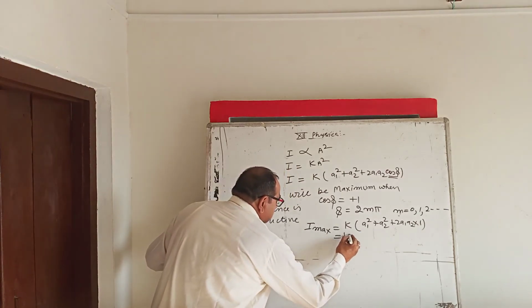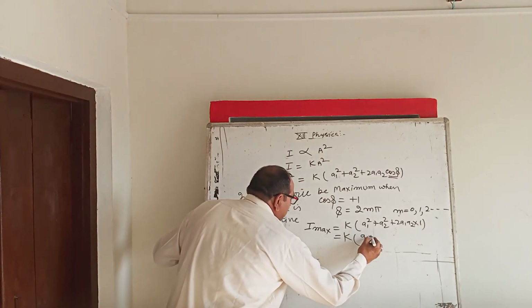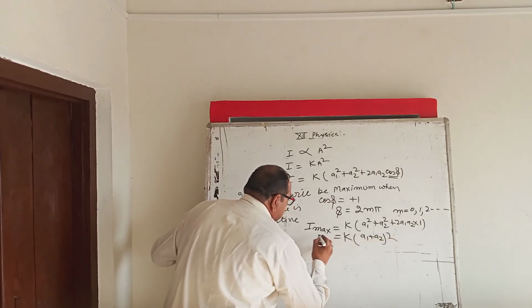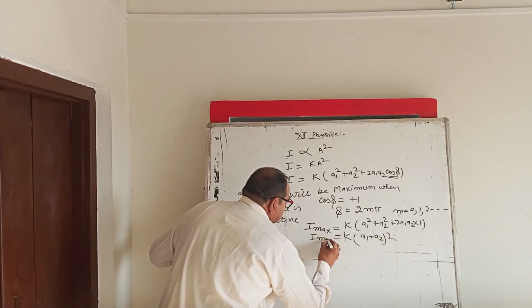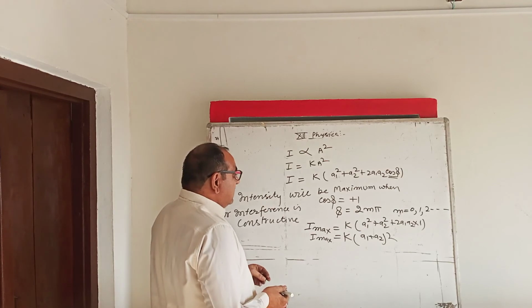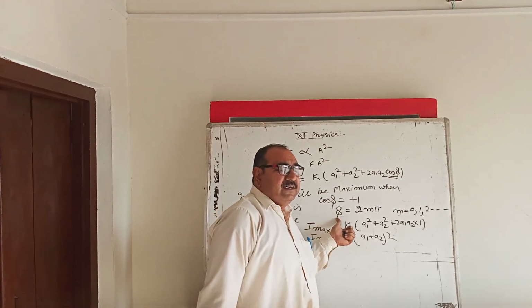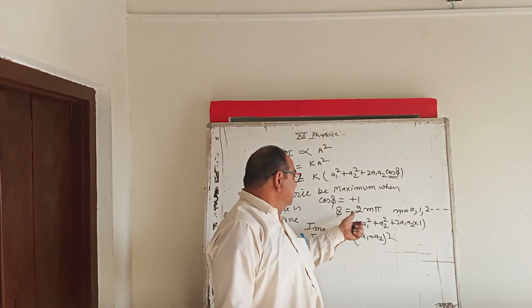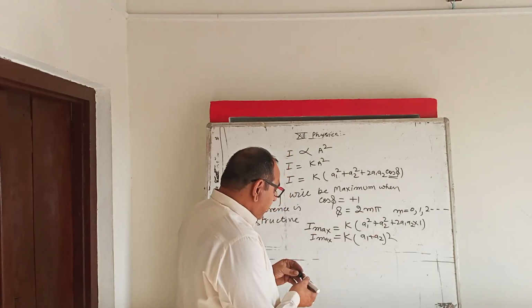So maximum intensity equals K times a1 plus a2 whole square. This is the maximum intensity at the points where the phase difference between the two waves is 2m pi.